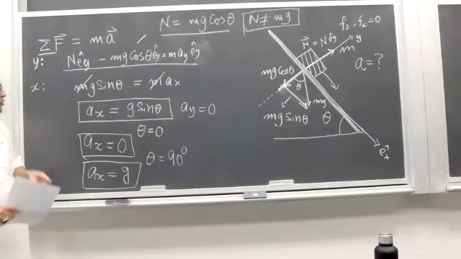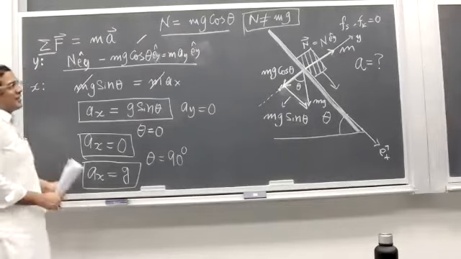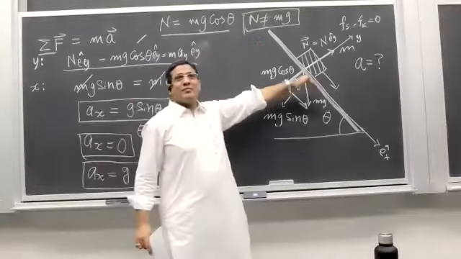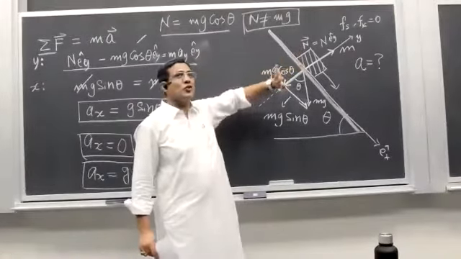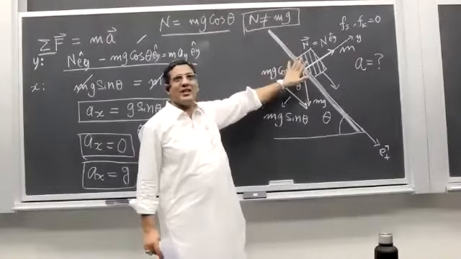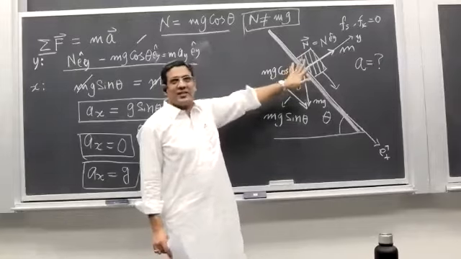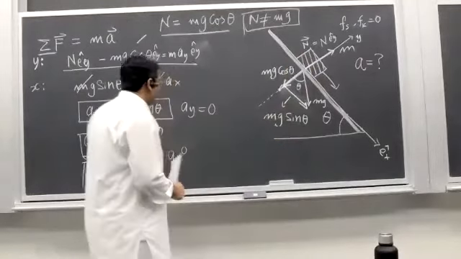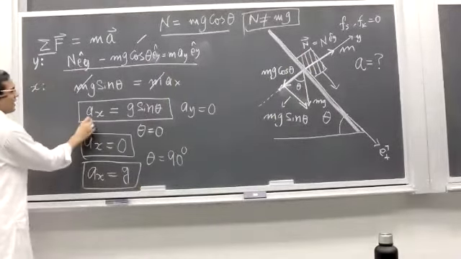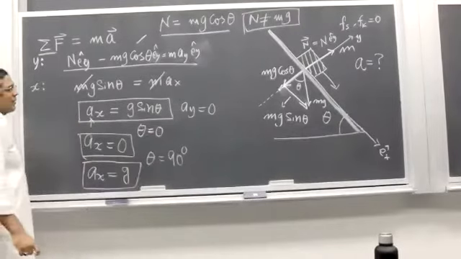Another important point. Now let's say that you're not pushing this object. There is no other force. It's just an object sliding down, even if the friction is present, and weight, and that's it. What are the possible values of acceleration that you can get for an inclined plane?